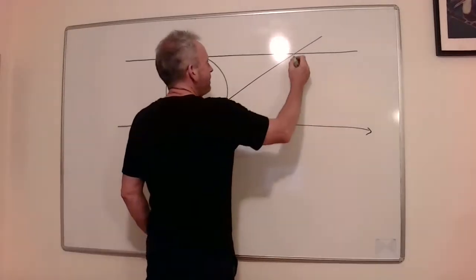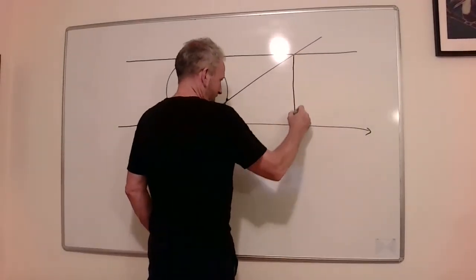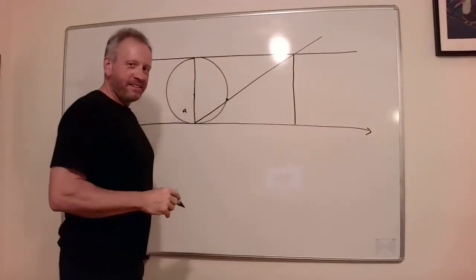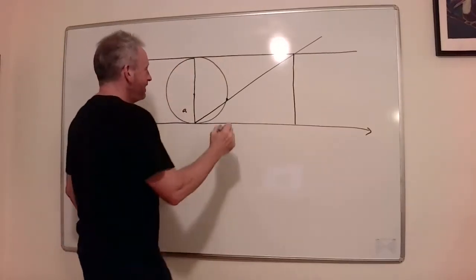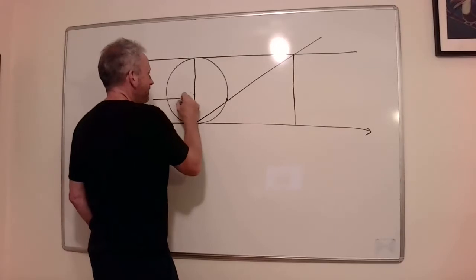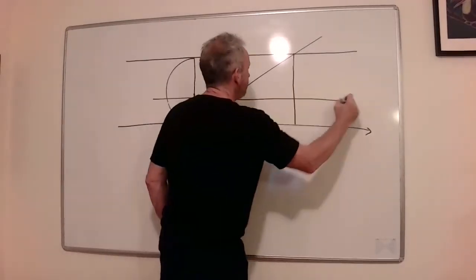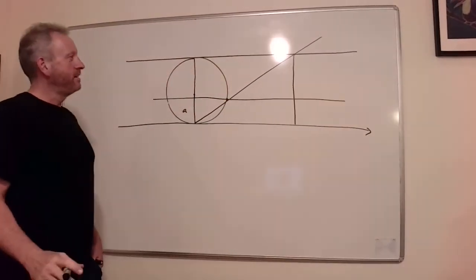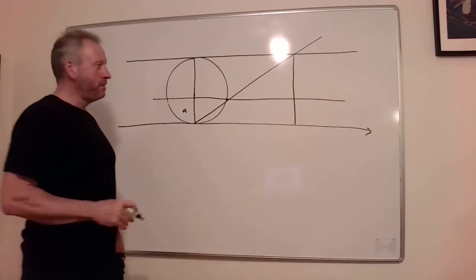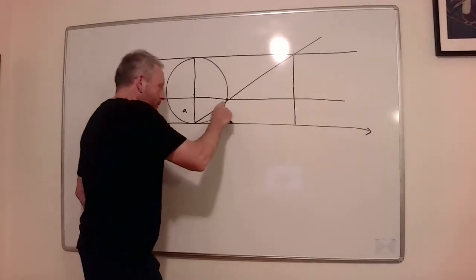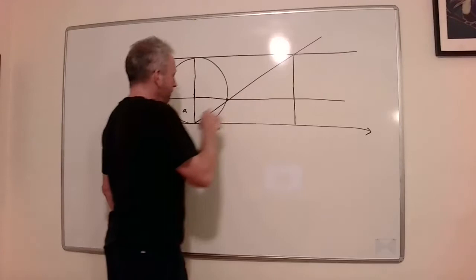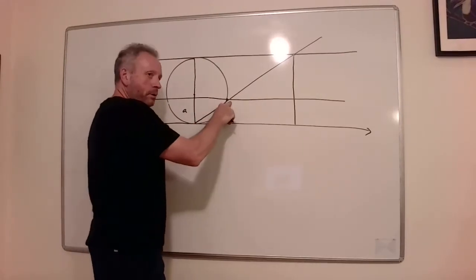And then draw this vertical line. And then draw this horizontal line through the original point that we had chosen. So we chose a point, we drew a line from the origin to the point that we chose.